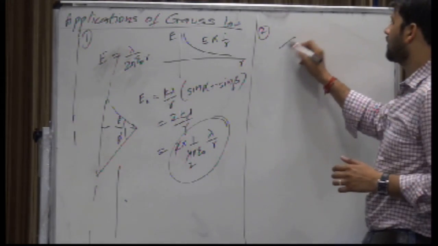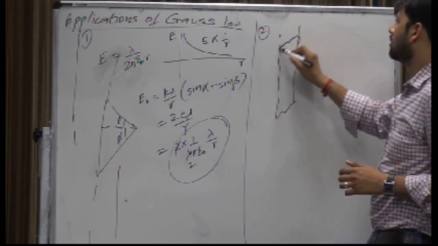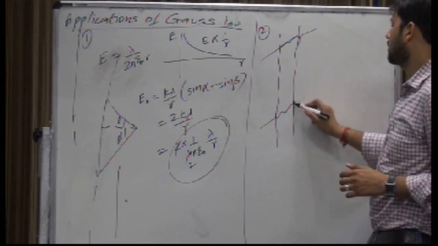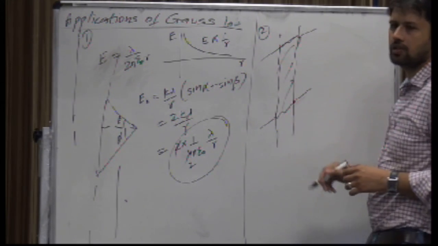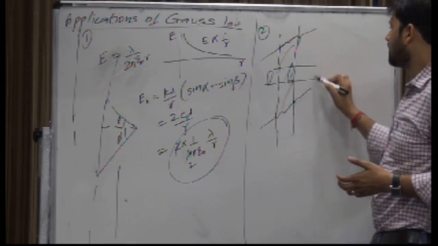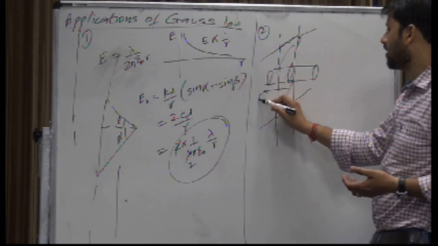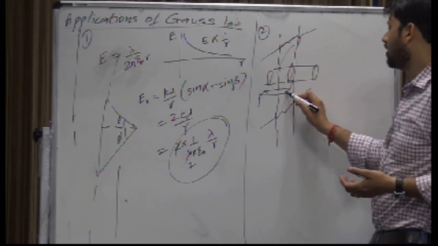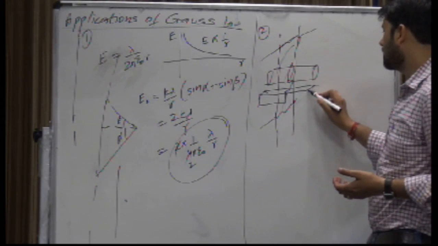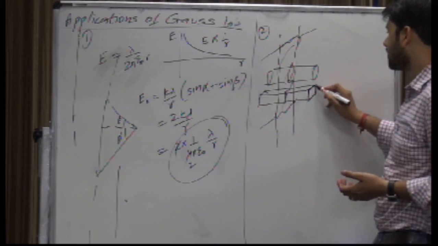For a sheet, you already know, you take a cylindrical Gaussian surface, and things would have remained the same if you had taken a cuboidal or cubical Gaussian surface. So how do we pick the right Gaussian surface? That's the point.